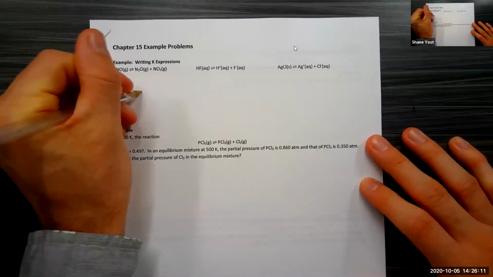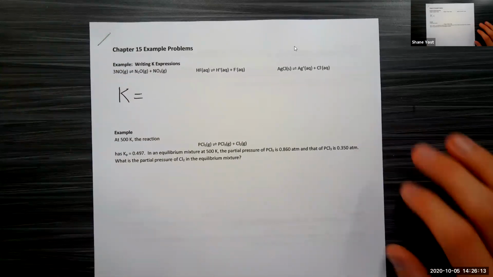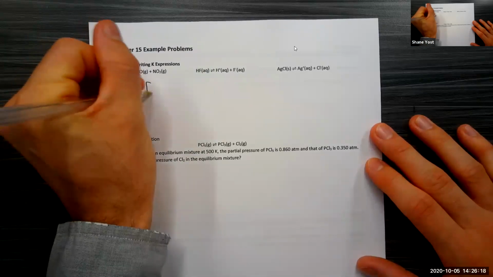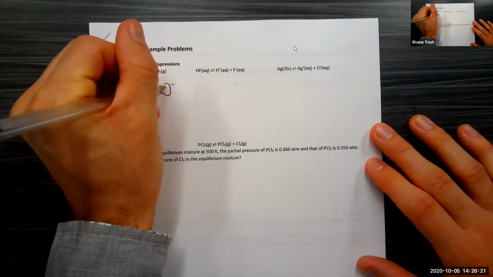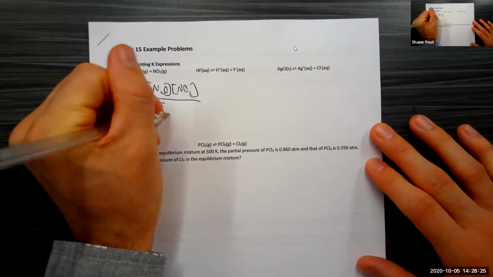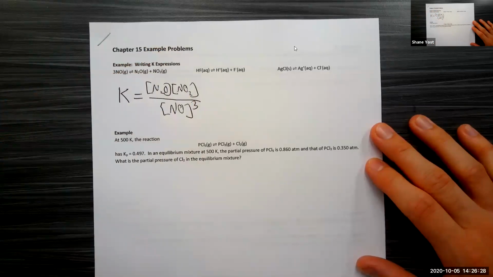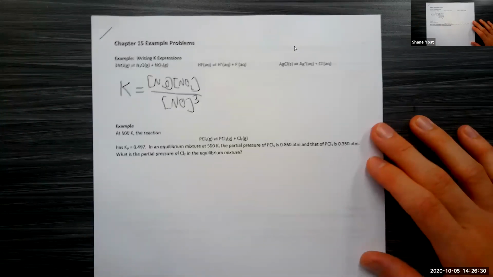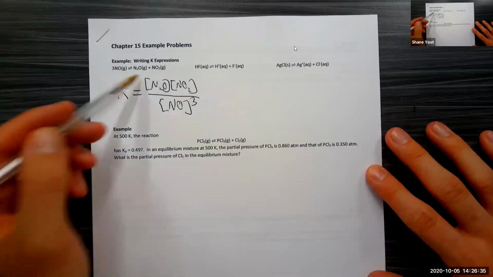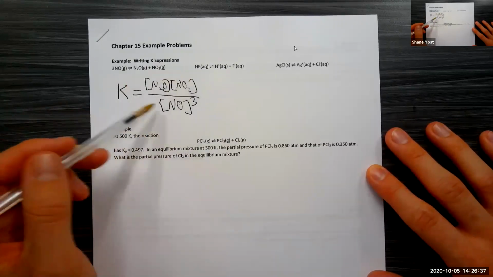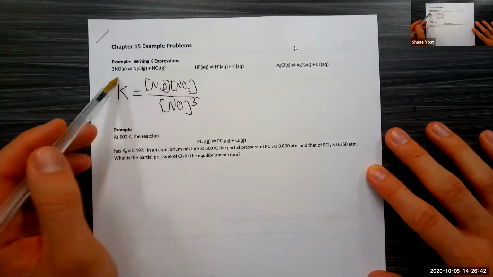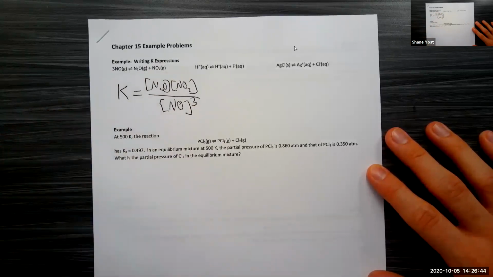So for this first reaction, K is going to equal what? N2O times NO2 divided by NO cubed, because again, products raised to their stoichiometric coefficients divided by reactants raised to their stoichiometric coefficients, including only gases and aqueous compounds, ignoring solids and liquids.